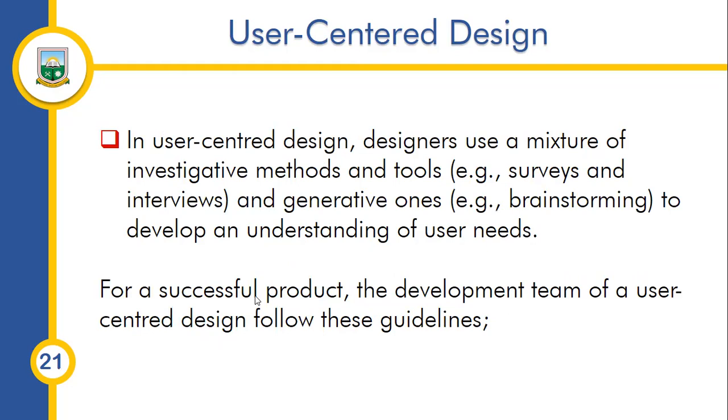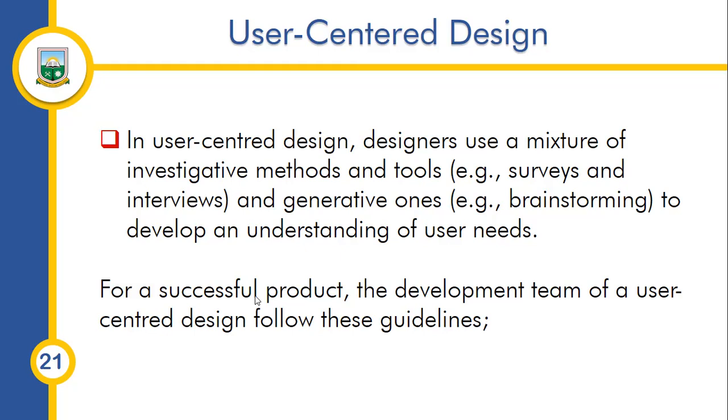In user-centered design, designers use a mixture of investigative methods and tools, for example surveys and interviews, and then they brainstorm some of the problems or needs of the users. For a successful product, the development team of a user-centered design follows these guidelines.